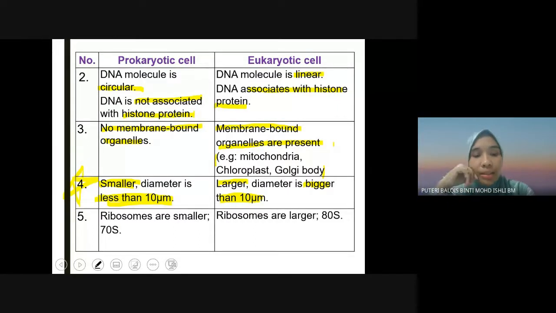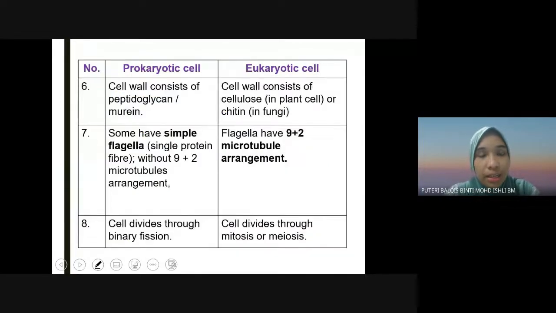Differences number 5, ribosomes are smaller, so as I said, 70S. For eukaryotic cell, larger, 80S. And then you can also discuss about cell wall. Cell wall of prokaryotic cell is made up from peptidoglycan, while for eukaryotic cell, it is made up from cellulose in plant cell and chitin in fungi.